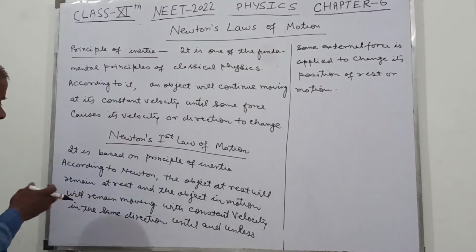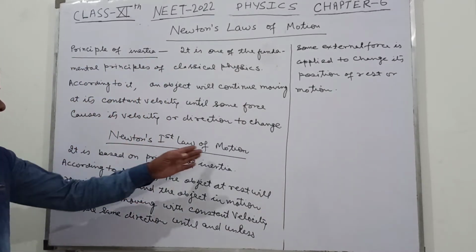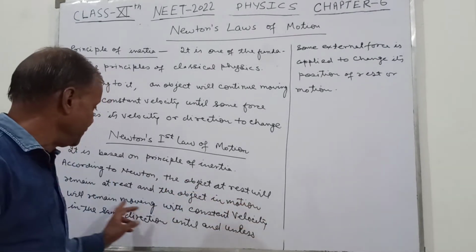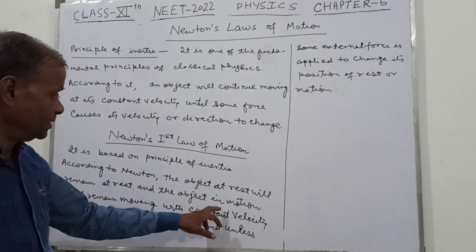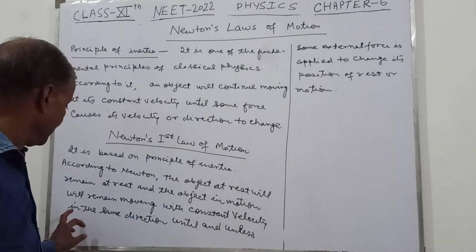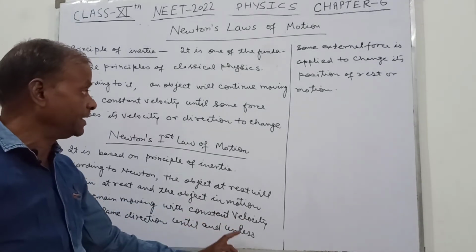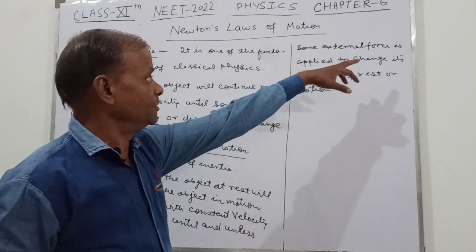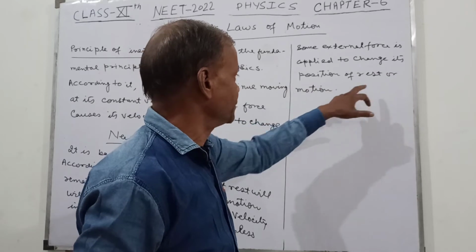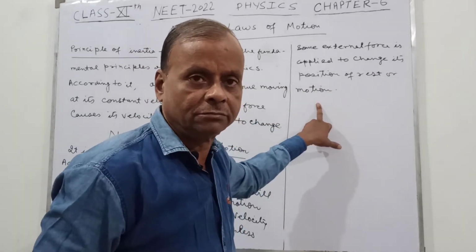This is Newton's first law of motion. The object at rest will remain at rest, and the object in motion will remain moving with constant velocity in the same direction until and unless some external force is applied to change its position of rest or motion.